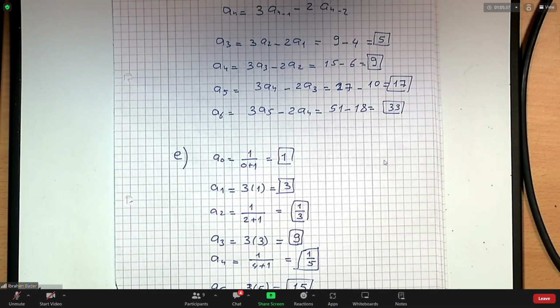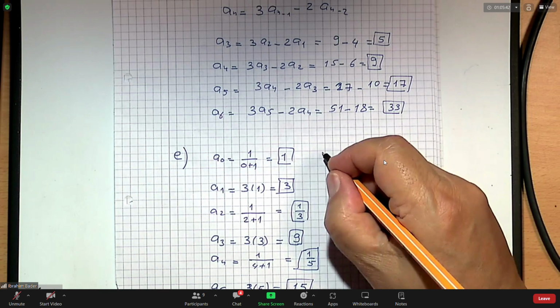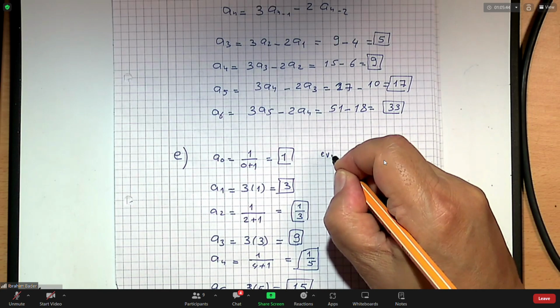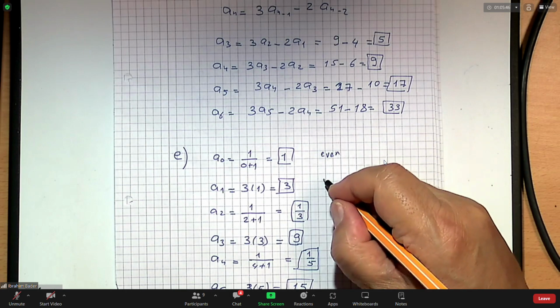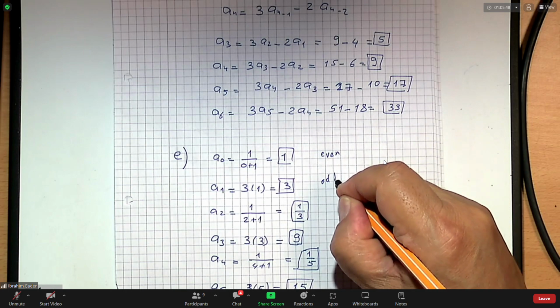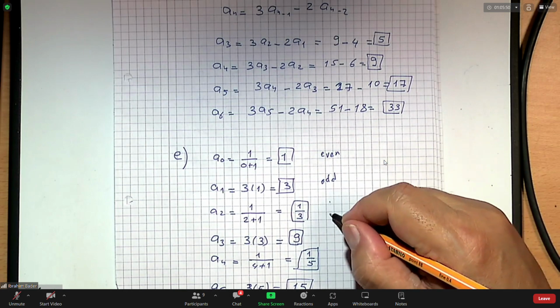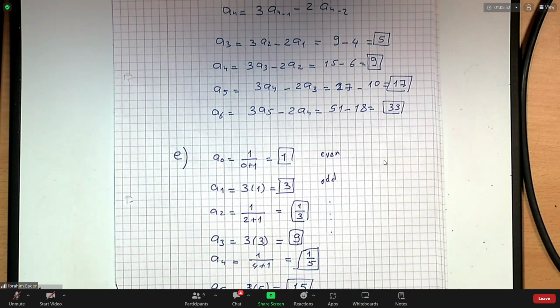No, it's either or, yeah? 0 is even, right? Okay? 0 is even. 0, 2, 4, 6, 8, 10, and so on are even.